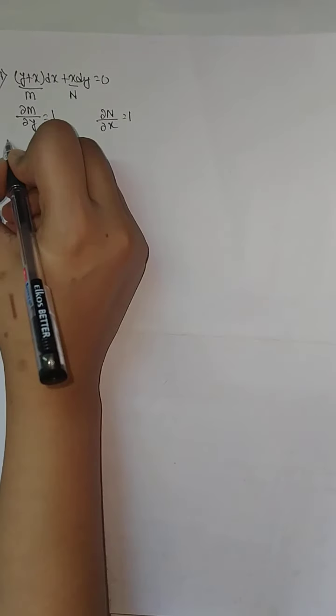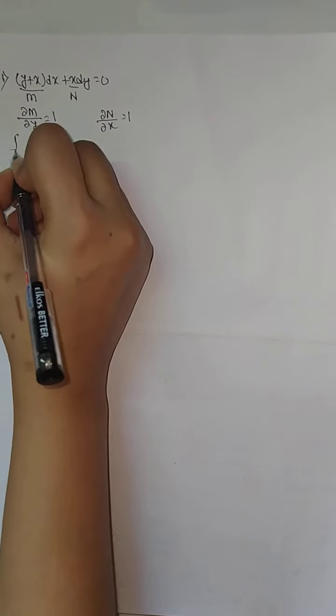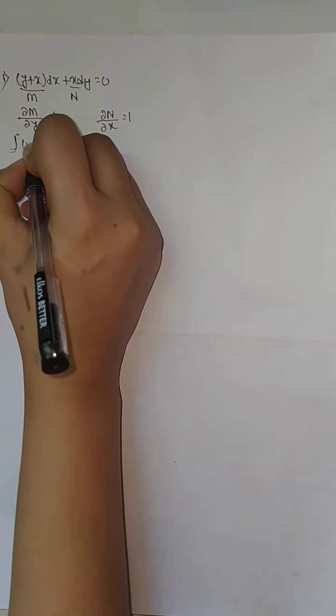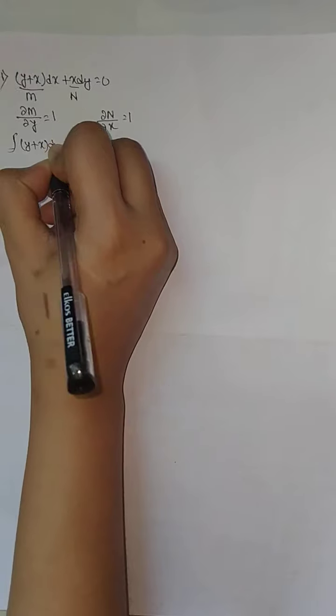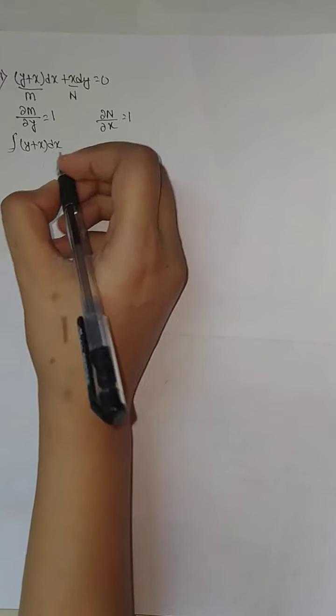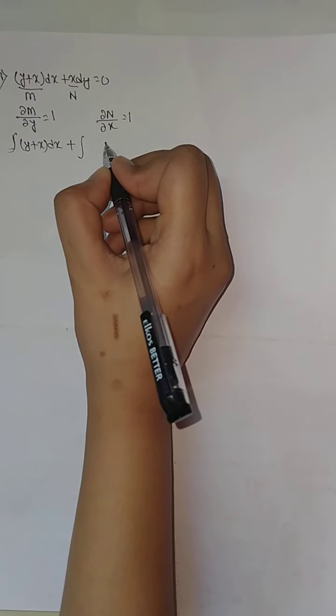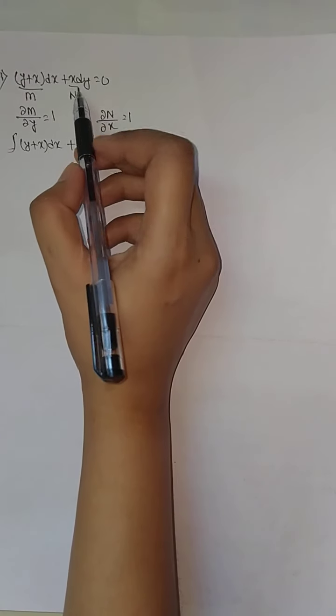Now the primitive is integration of M dx, which means (y + x) dx, taking y as constant, plus integration over N dy, but terms of N not containing x.